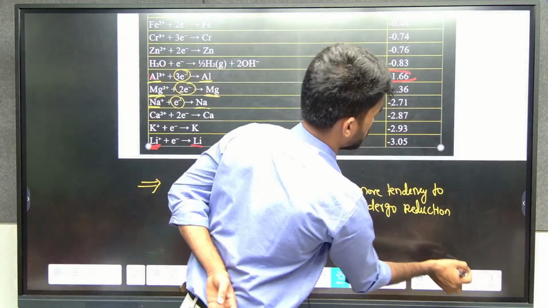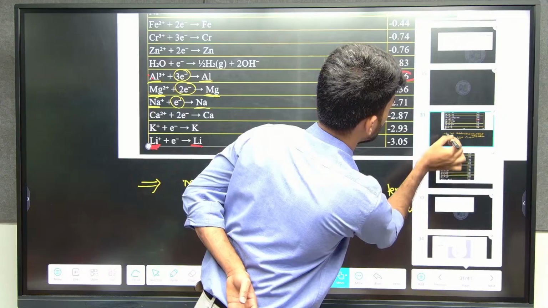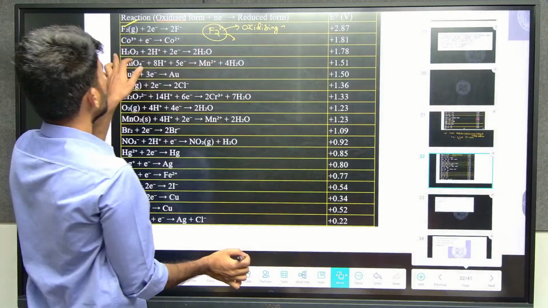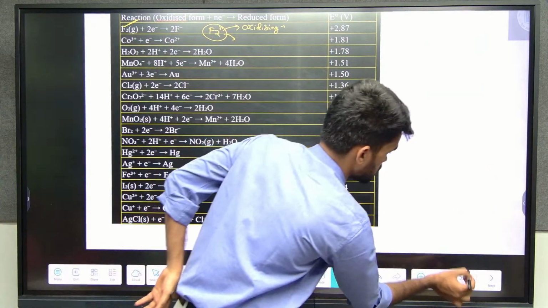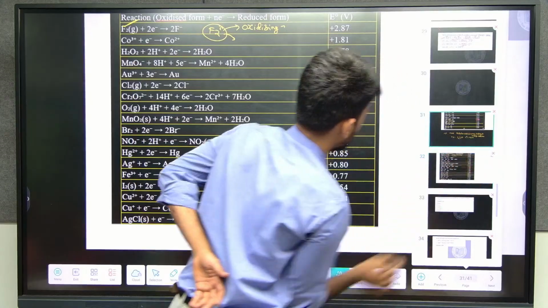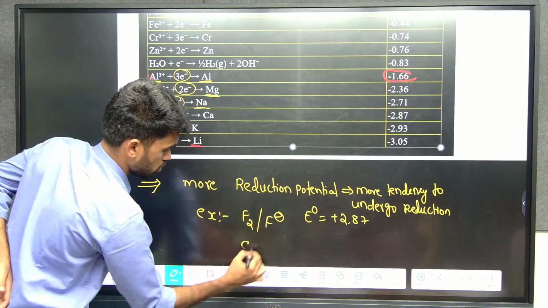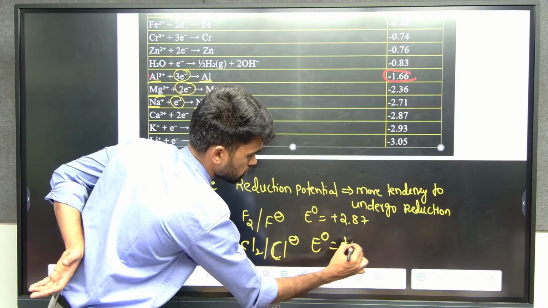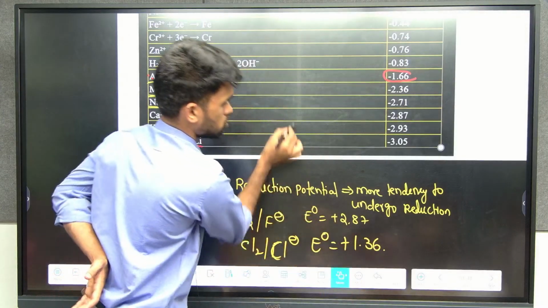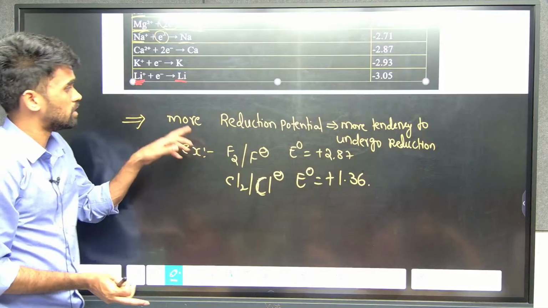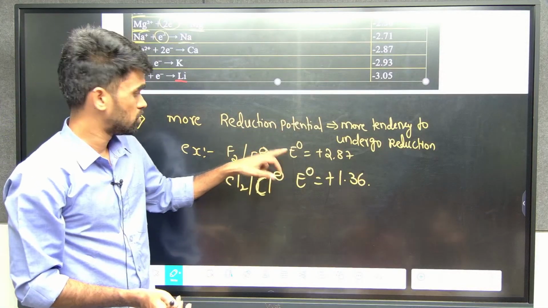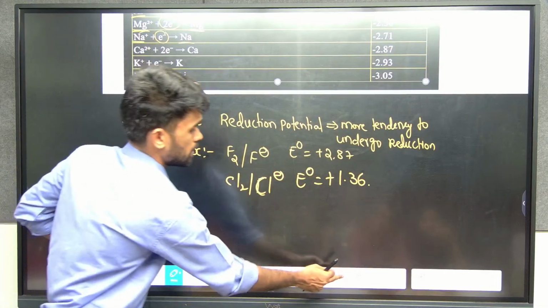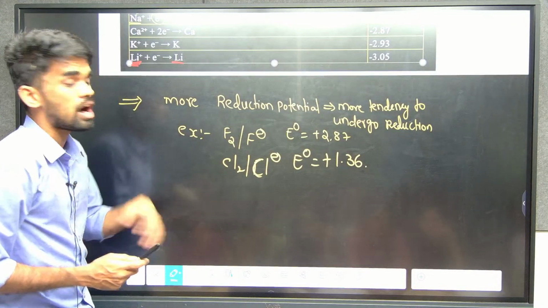Okay, and the next one. I'll take one more example for comparison purposes. F2 is 2.87, and the next, chlorine, is 1.36. So out of this, you get the more reduction potential value for whom? Fluorine. So it has more tendency to undergo reduction. Okay. So now out of these two, who is a strong oxidizing agent, I am asking?